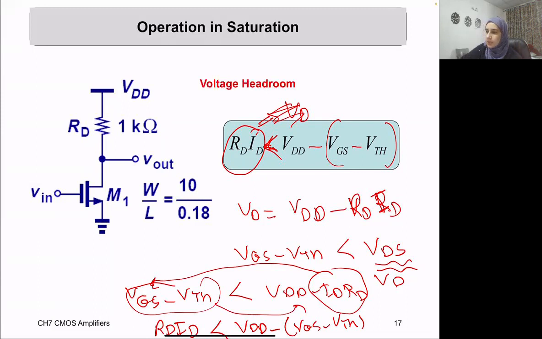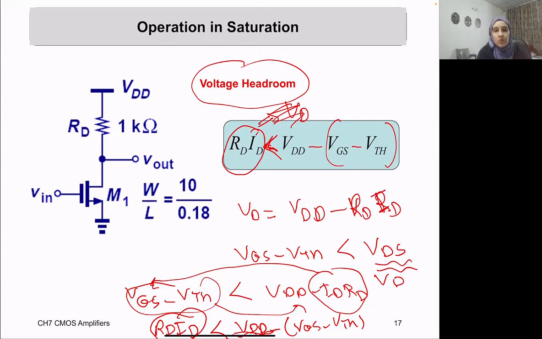And this problem we call a voltage headroom problem. So in order to have a wider range for this RD times ID, we need a larger supply voltage. And usually we are limited by the choice of the supply voltage because it will also decide our power consumption.